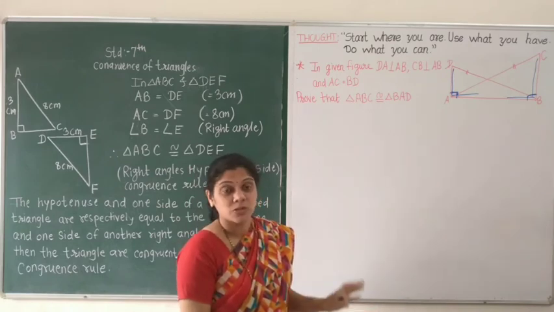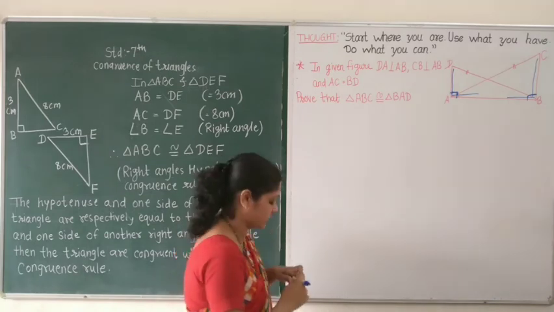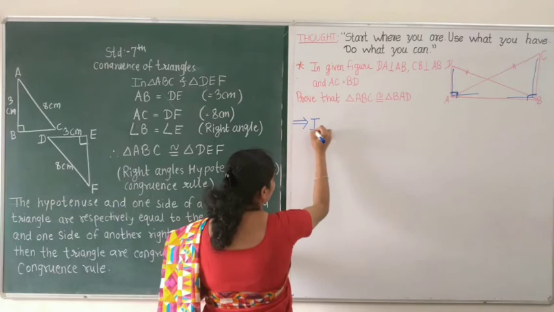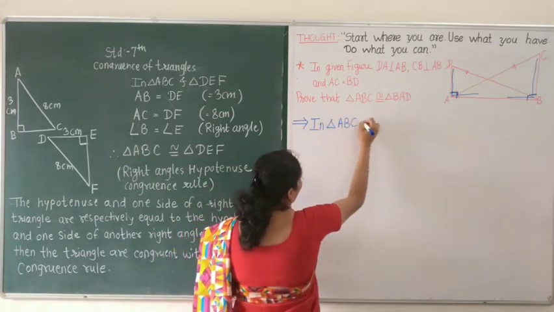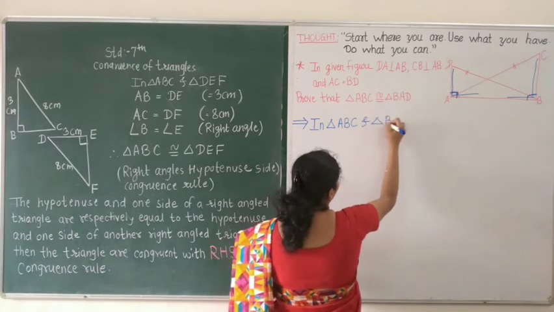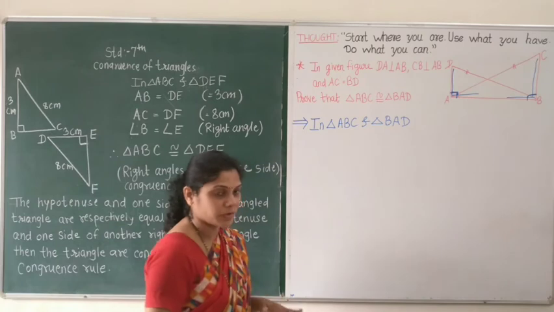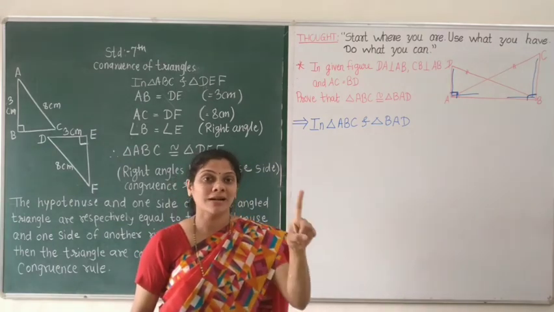Is it okay? So now we will study how to write and solve these examples. Look here, first of all we have to write in triangle ABC and triangle BAD. First of all we have to write R of RHS, that means we will write about the right angle.